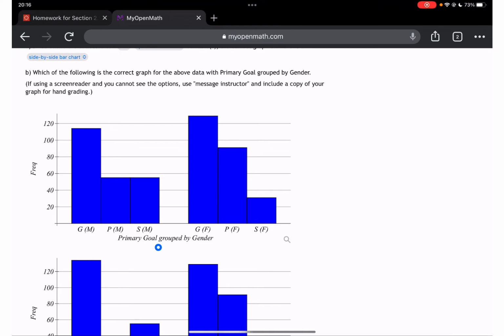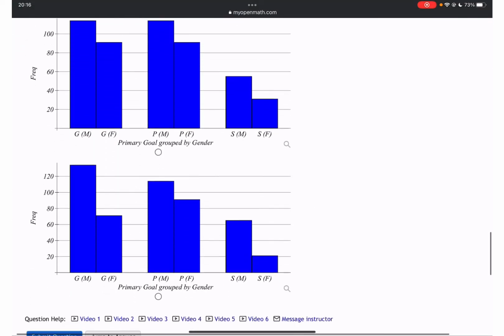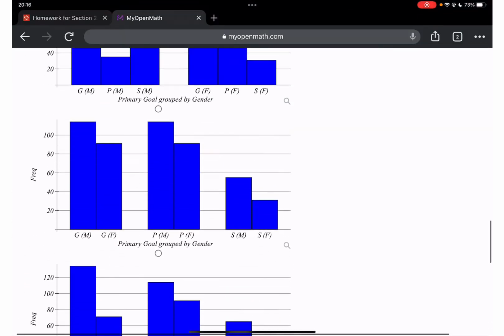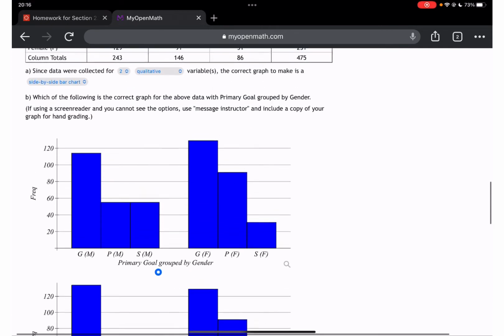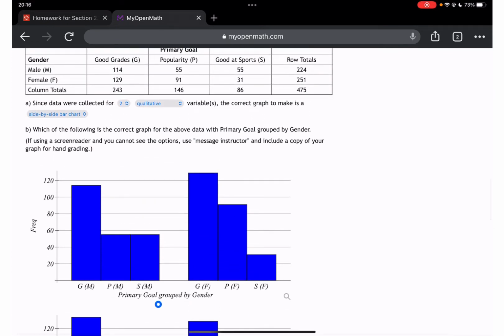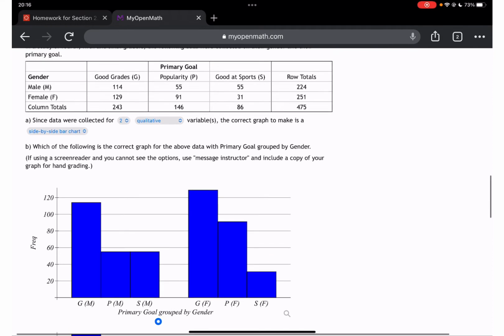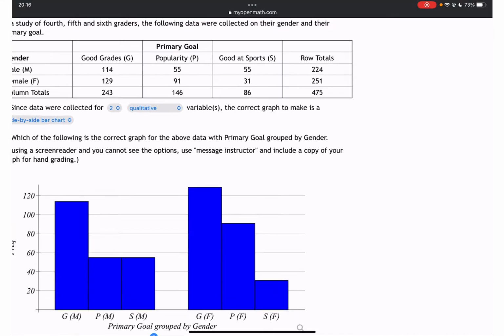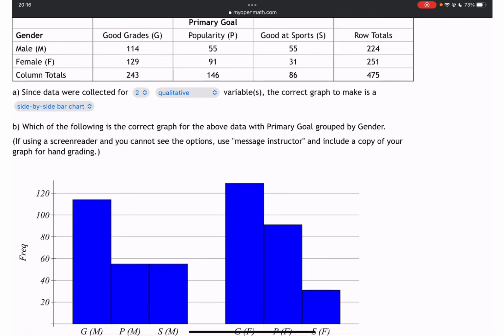Let's check for female also, because I don't see any other graph that has two columns of equal height, equal frequency. Okay, let's check the female now. Good grade 129. Okay, it goes above 120. And then popularity 146.